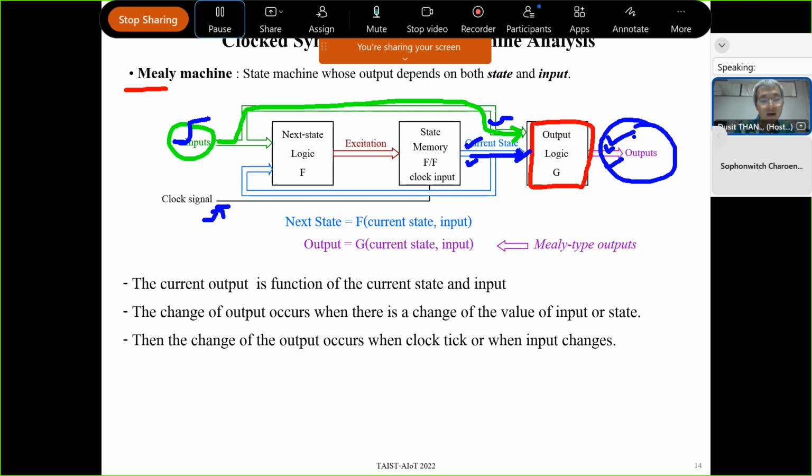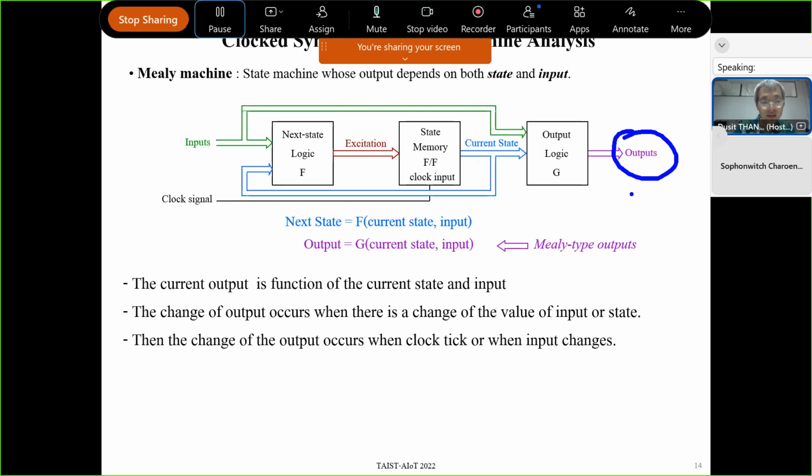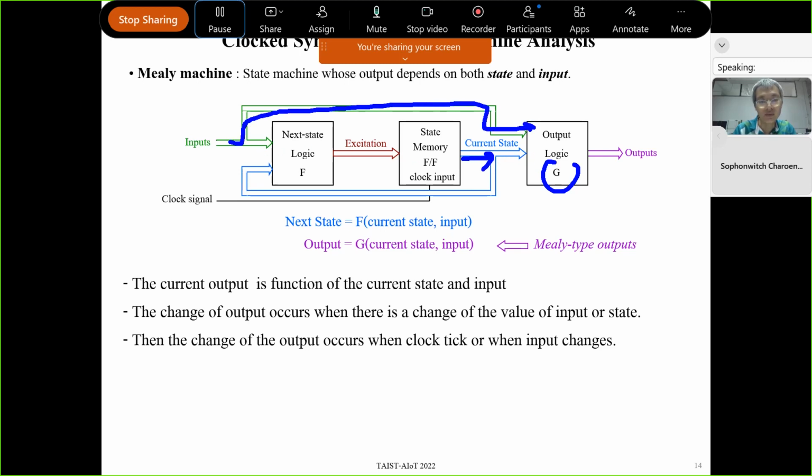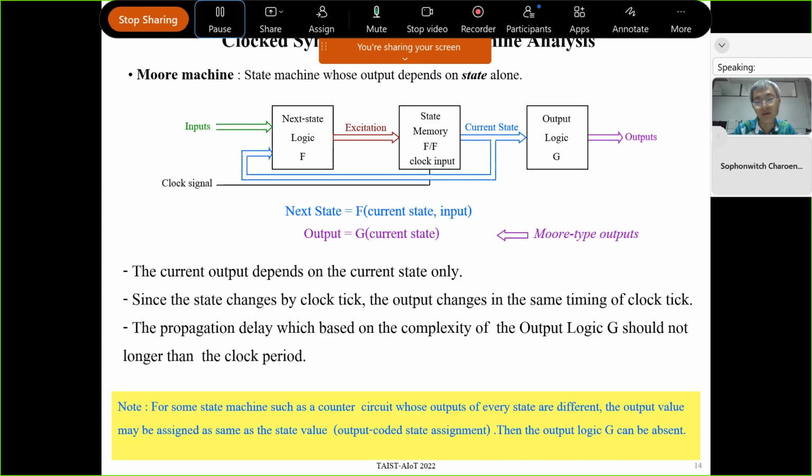That means for this kind of state machine, the output may change when the clock ticks or when the input changes value. Okay, this is the Mealy type state machine. Maybe this G is a function of both state variables and external input variables. Compare with the Moore machine, where circuit G is only a function of the state variables, namely Q1, Q2.